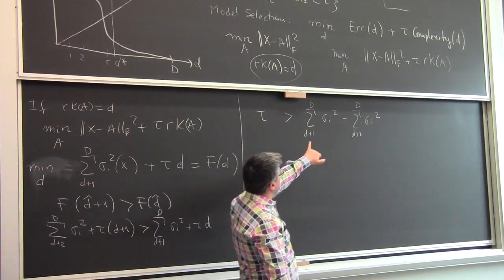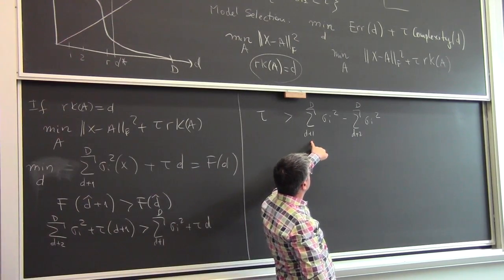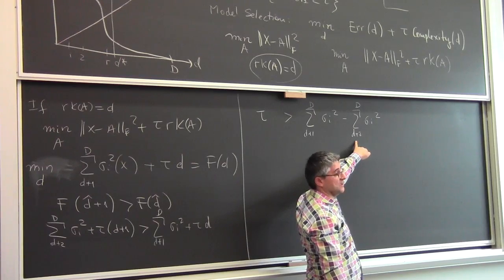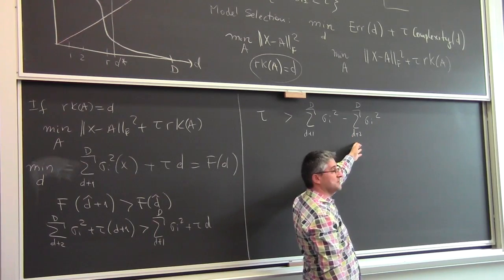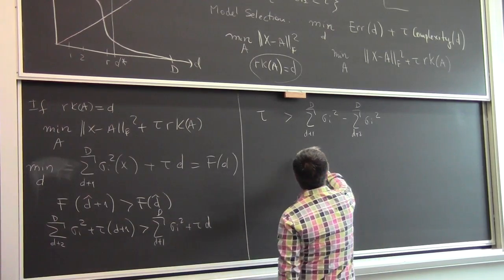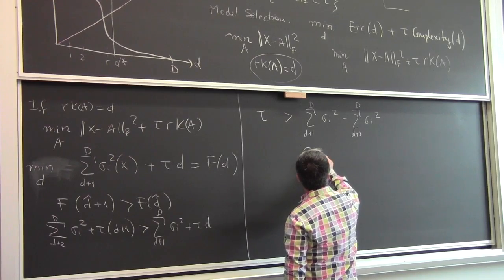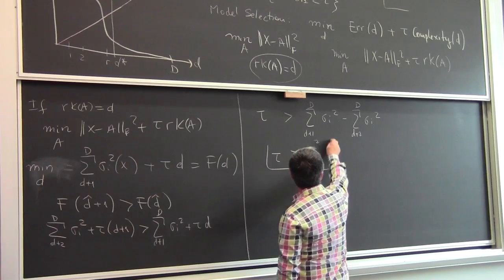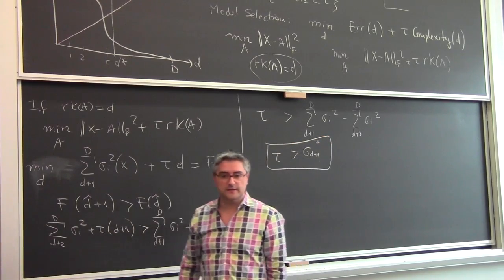And now this has the sum of everything from d+1 to D, and this has the sum of everything from d+2 to D. So what is the difference of these two? Sigma d+1 squared. Aha.